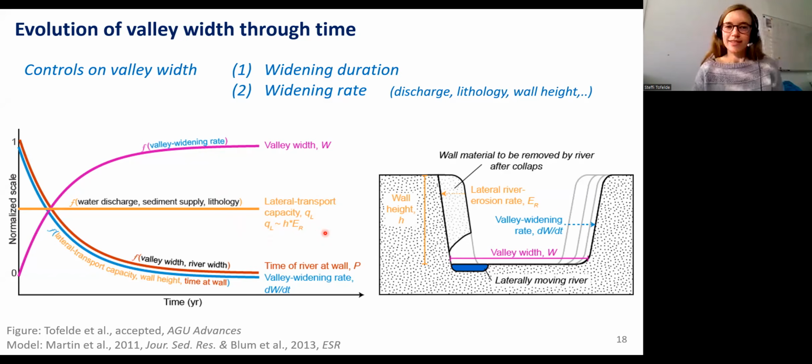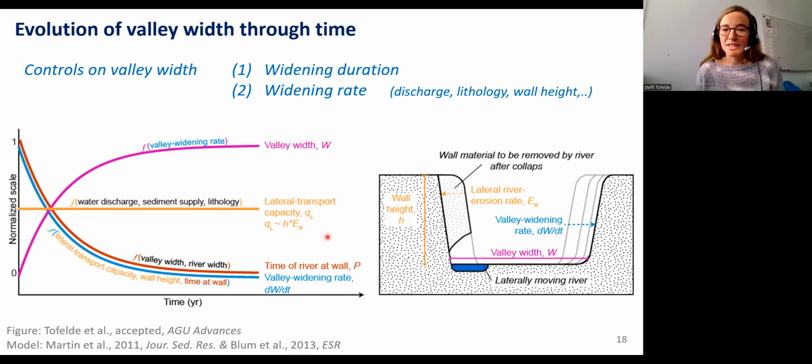And what this means is, given a certain set of boundary conditions like discharge, sediment carried in the water, plan form curvature, there's a certain amount of sediment that can be transported away laterally by the river from these walls.